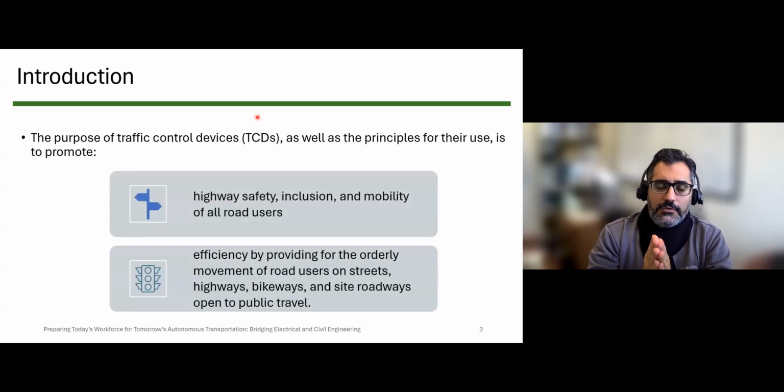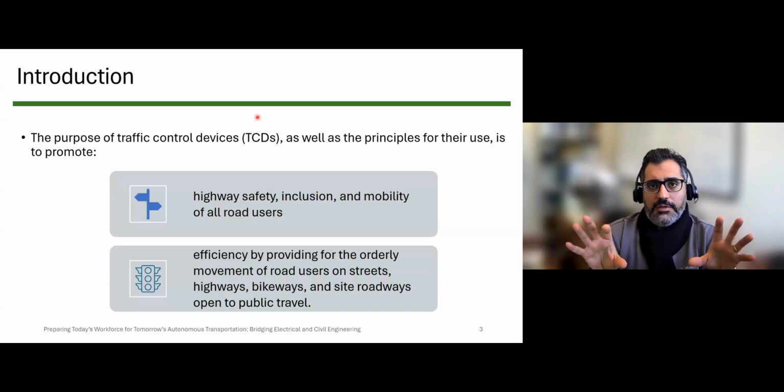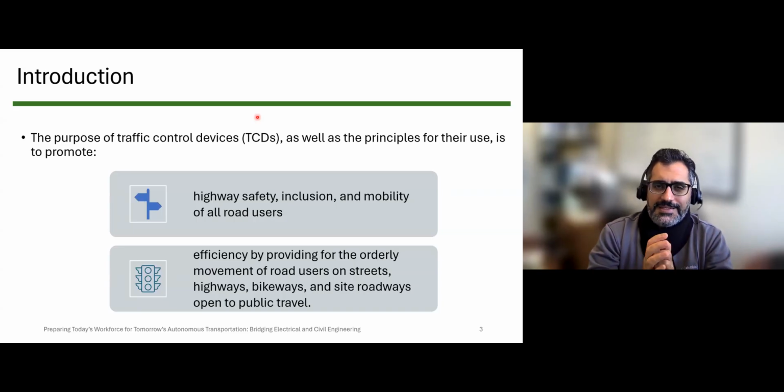And this communication is going to promote two main things. Whenever we are talking about TCDs, or in general, we are talking about design and implementation in traffic engineering, there are two main themes. There are two concepts that we follow, safety and efficiency. So these are the main keywords that you should keep in mind whenever you are dealing with traffic control devices.